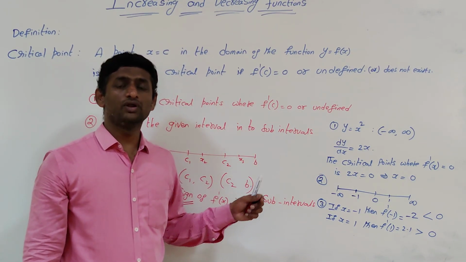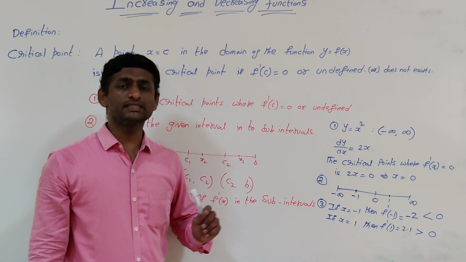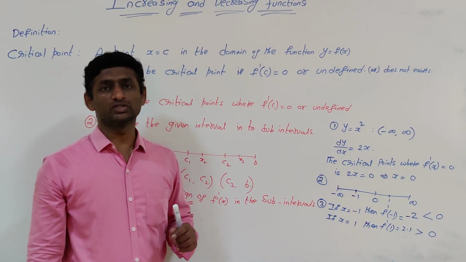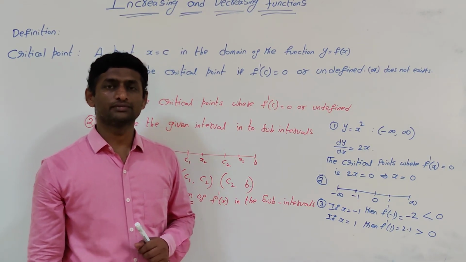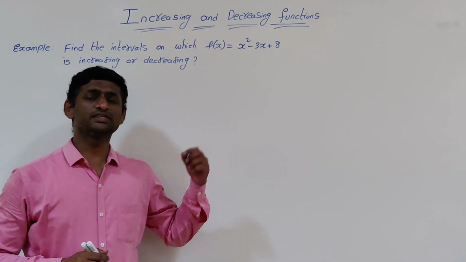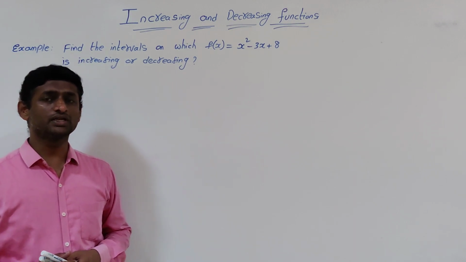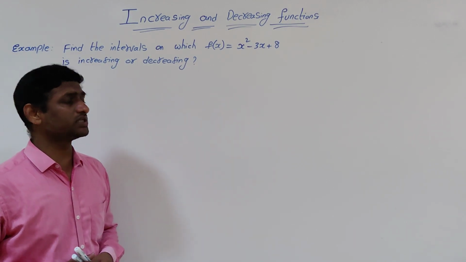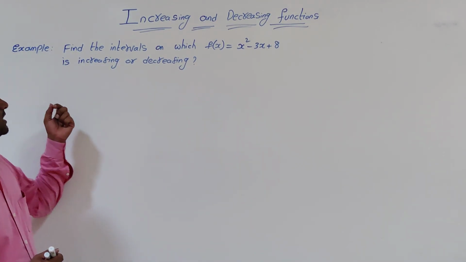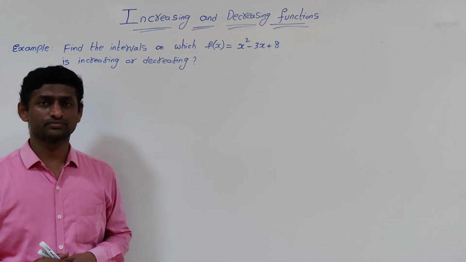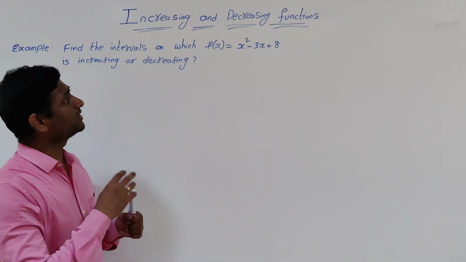So like this, we'll go for some problems on increasing and decreasing functions of a given domain. So we'll see one example. Find the intervals on which the function f of x is equal to x square minus 3x plus 8 is increasing or decreasing. So we have to find out what is the domain of this function.